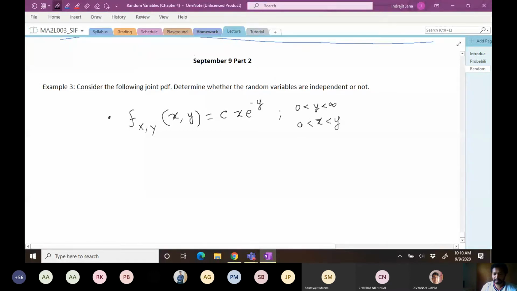Okay, so if you draw the picture of this domain, y between 0 to infinity and x from 0 to y, it looks like this. This is my x-axis, that's my y-axis.